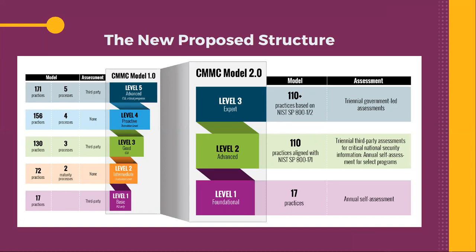So as we mentioned, they went from 5 levels down to 3. Your level 1 is still what we would call that basic cyber hygiene level. There are 17 practices associated with that level 1. It's going to require in the future an annual self-assessment.